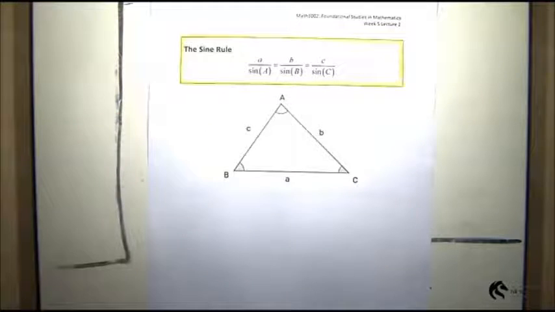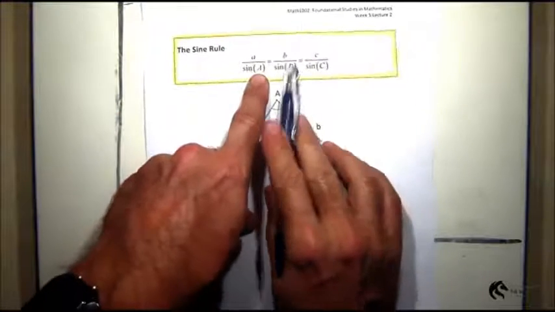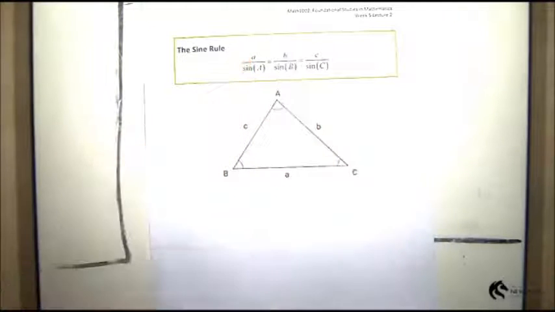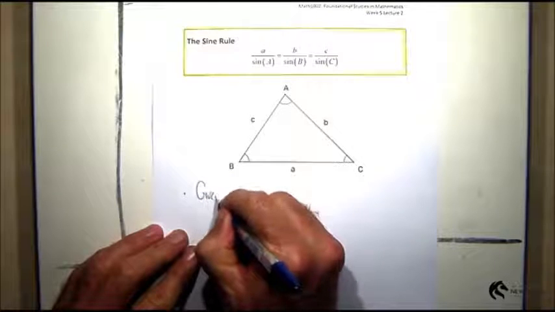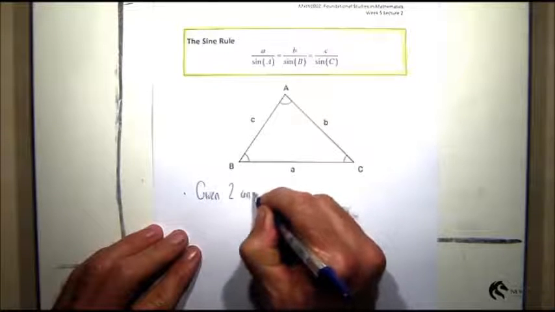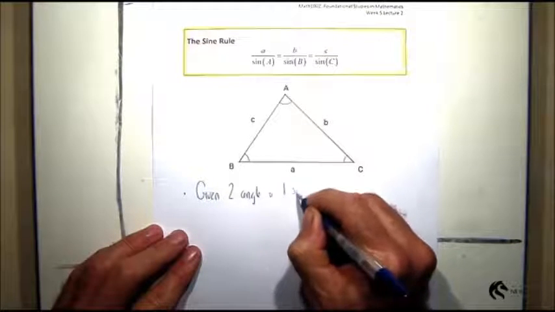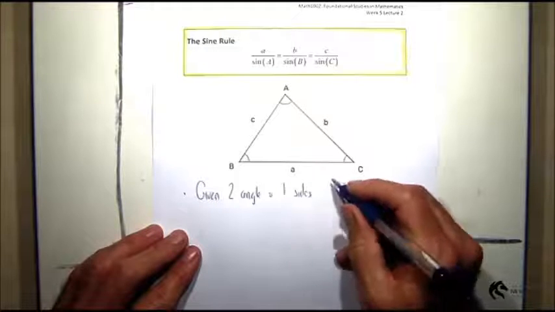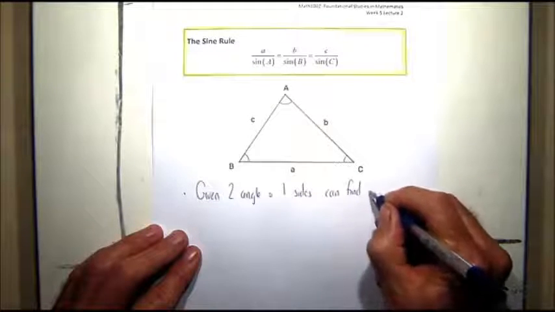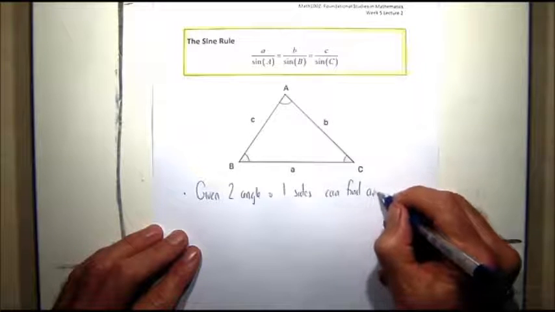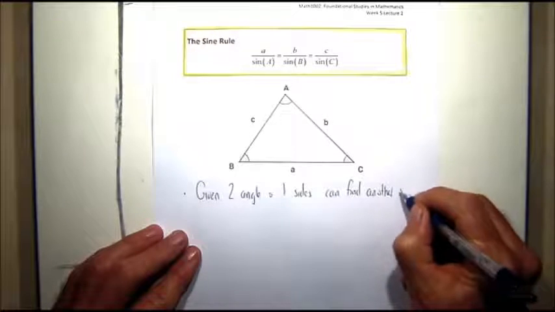But the thing is, if I have two angles and one side, I can find a remaining side. So this is good when I have been given two angles and one side, I can find another side. That's a good thing to do.